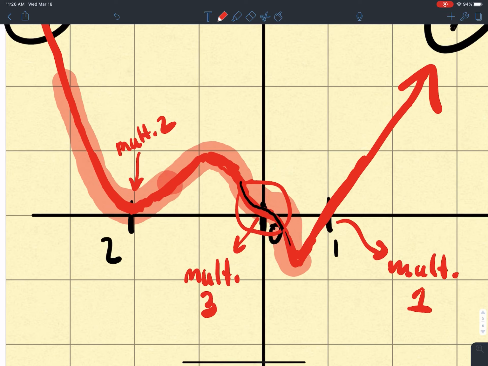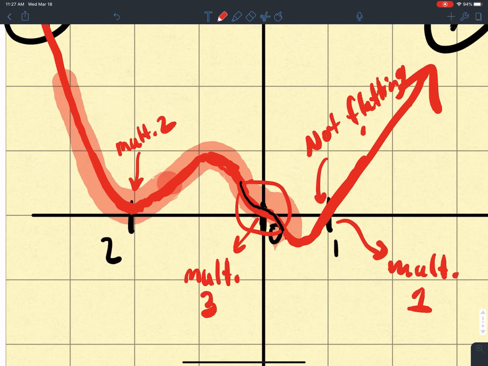Okay, that's the idea. And this is not sharp. That's just the way my picture came out. It's probably going to be more of a bend, like that. But there's no bend in here, not flattening out.